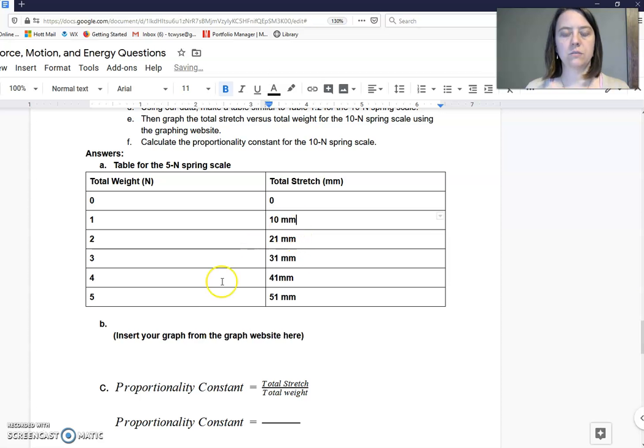Millimeters, millimeters, and millimeters. And then our weight, or force, is measured in newtons. Great.